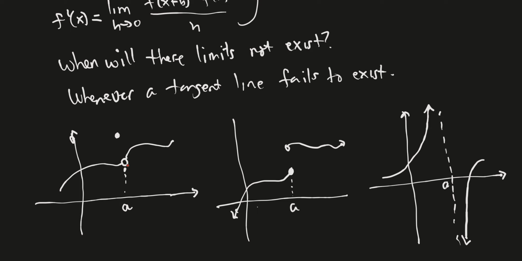Because for instance here, since the point is actually not on the graph of the function, there's no way for me to draw the tangent line to this function at this point, right? Because again, if I try to draw it here, well, there is no point for the line to go through.